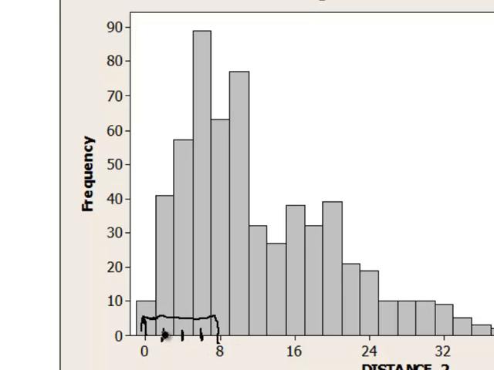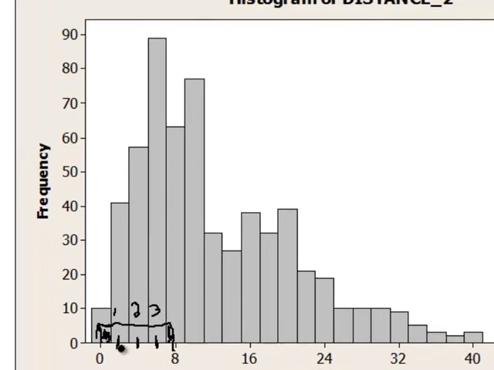Well, we can see this is a whole bin, so we have 1. This is a whole bin, 2, and then we have 3. Then we have half a bin here, and we have half a bin here. So that's a total of 4 bins between 8 and 0.